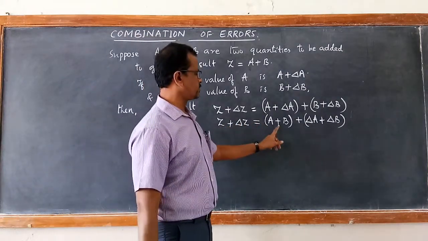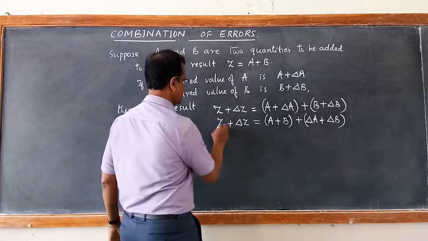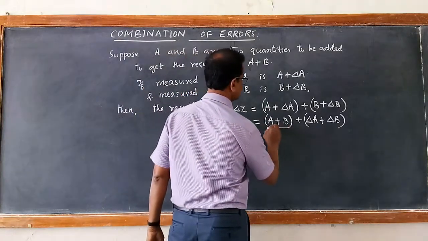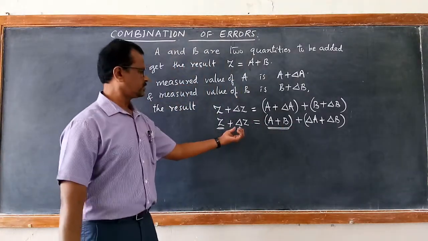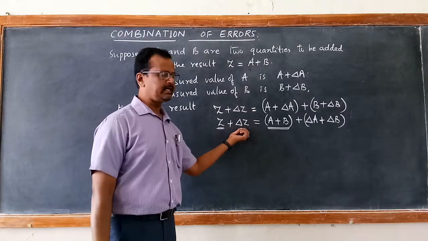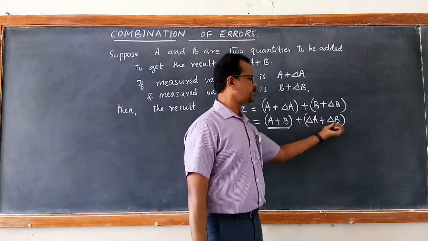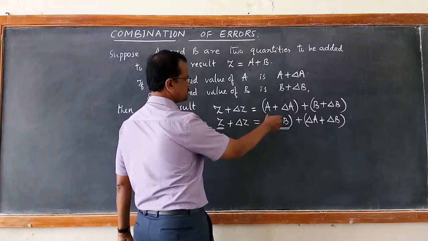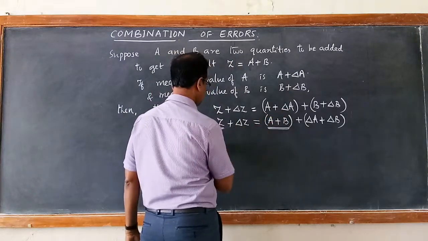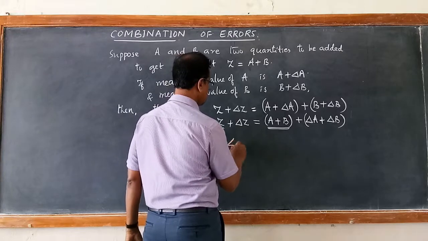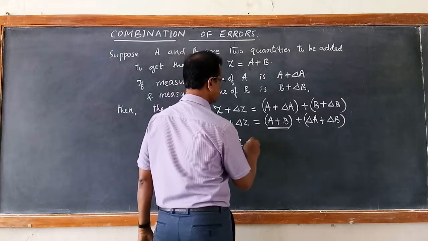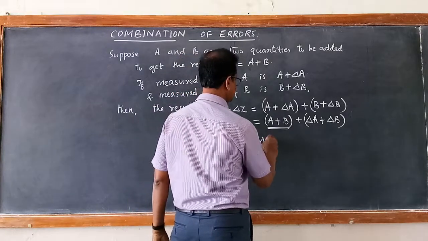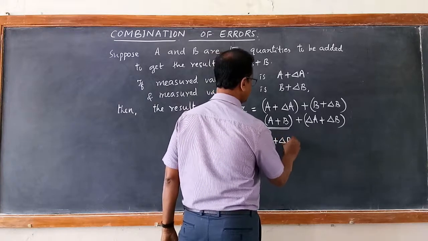Z is already equal to A plus B. Therefore, the absolute error delta Z must be equal to delta A plus delta B. So cancelling Z equal to A plus B, this implies delta Z is equal to delta A plus delta B.